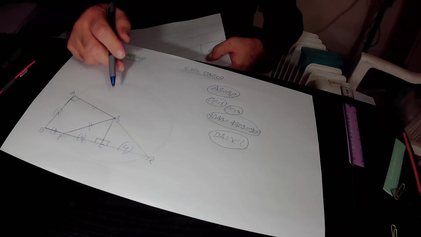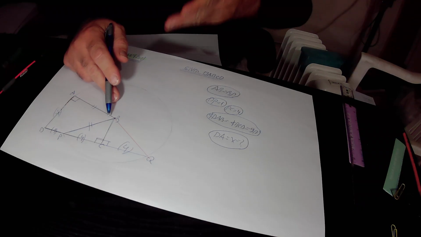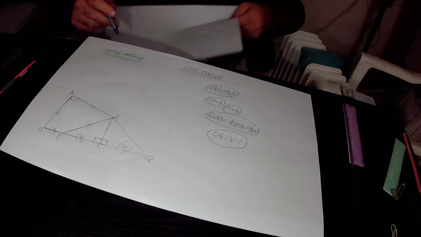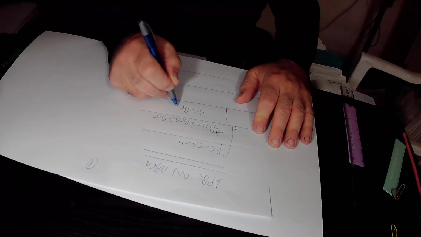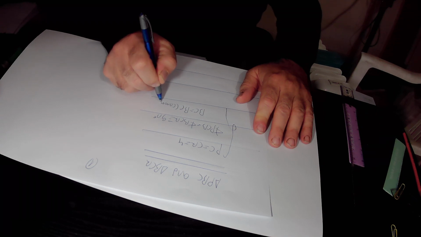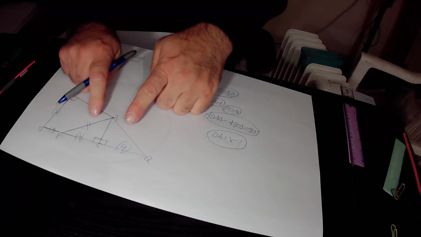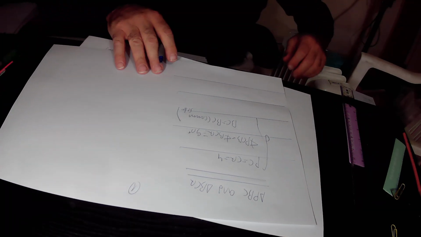And finally, this is side BC, a common side that belongs to both triangles. BC equals itself, a common side that belongs to both triangles. So we find that those two right triangles can go into each other according to the side-angle-side rule.